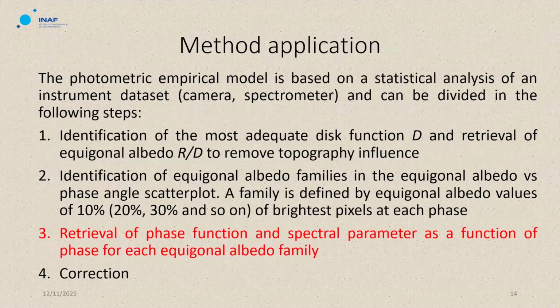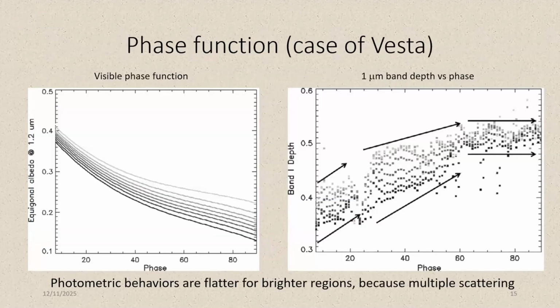Once we have identified all these equigonal albedo families, or the unique equigonal albedo family, we can model that simply by applying a polynomial fit or a linear fit for each equigonal albedo family, or for the unique equigonal albedo family found for the asteroid or for the comet. And this is, for example, the case of Vesta.